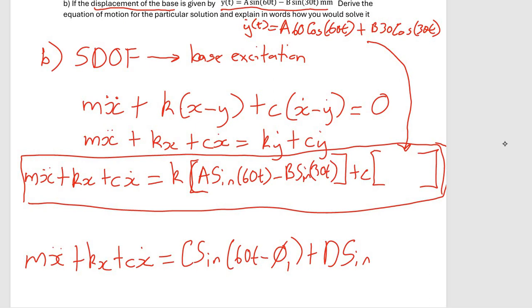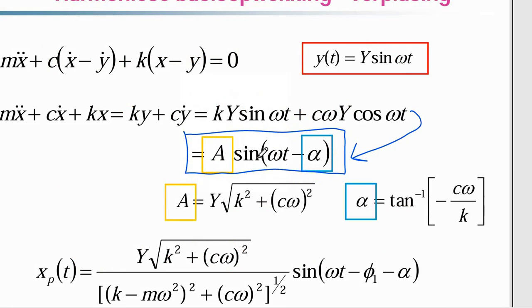Remember, we have 60t and 30t, so we have to do this for both of those angles. So we have 30t minus phi, which I'll call phi 2. Okay, so ideally this would have been our solution, right? This would have been our solution.